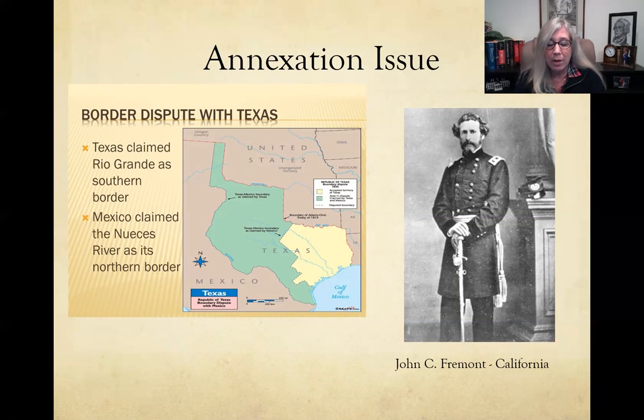Because hasn't Great Britain been importing American cotton from the South? Yes, that's our largest export. What if they had their own cotton producing territory as a colony? That's going to help Great Britain. So if they annex Texas, then Texas doesn't have to worry about being annexed by the United States.